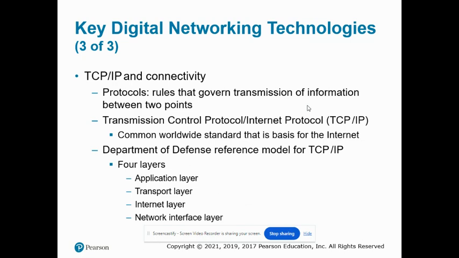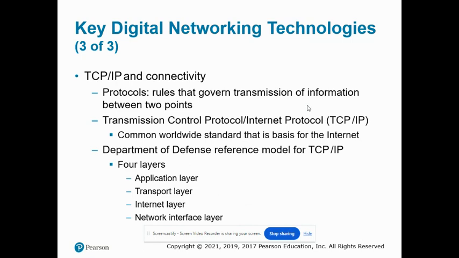This slide continues the discussion of the 3 main networking technologies in use today and looks at TCP/IP. Note that in a network, there are typically many different types of hardware and software components that need to work together to transmit and receive information. Different components in a network communicate with one another only by adhering to a common set of rules called protocols.